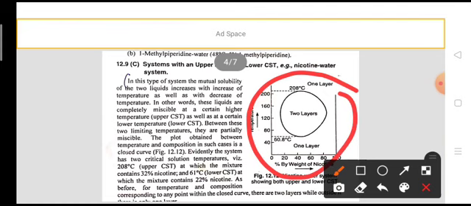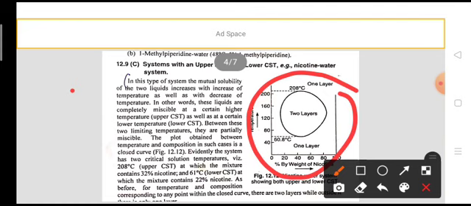That is, when equal amounts of nicotine and water are mixed, first of all at ordinary temperatures we found that two layers are formed. It is experimentally observed that the mutual solubility of these two liquids increases with increasing temperature as well as with decreasing temperature.